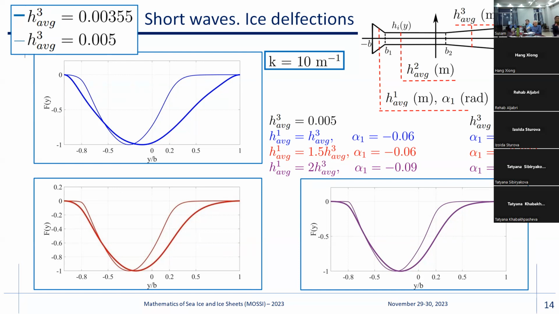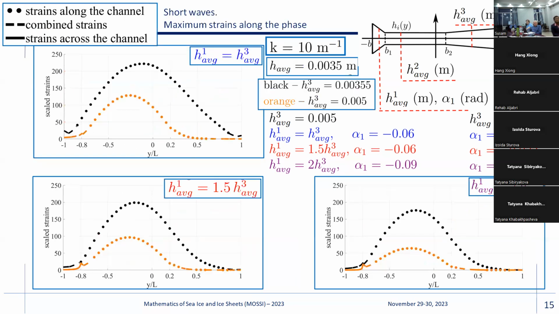Here you can see maximum strains along the phase plotted as functions of I. Parameters of calculations are the same as for the previous slide. Black lines show results for the small change in ice thickness, and orange lines show results for the big change in ice thickness.